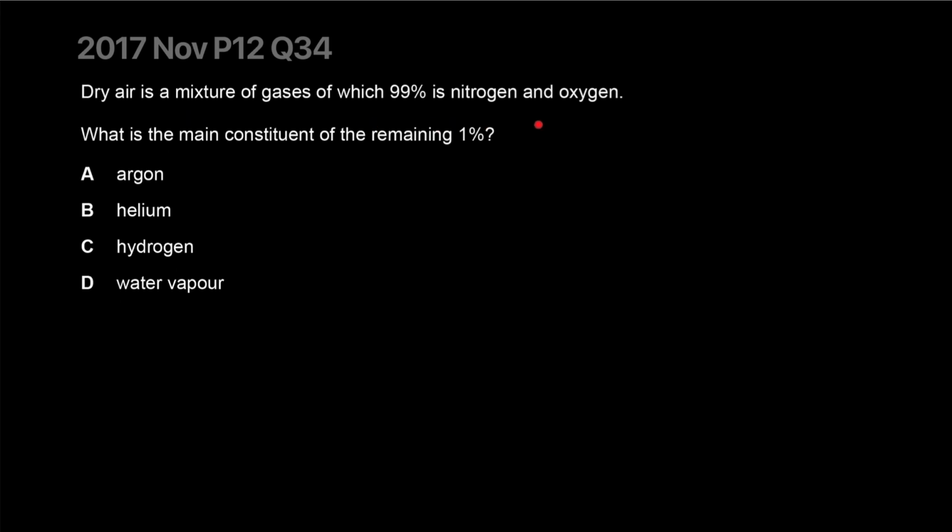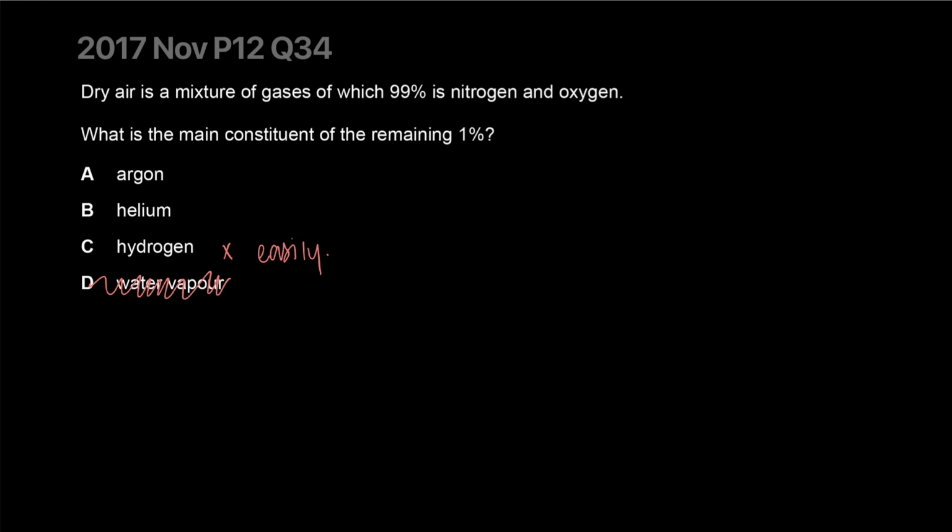Dry air is a mixture of gases, 99% nitrogen and oxygen. What is the main constituent of the remaining 1%? Dry air won't have water really, right? And hydrogen, probably not, because it burns so easily. Any that was in the atmosphere would have burned long ago.